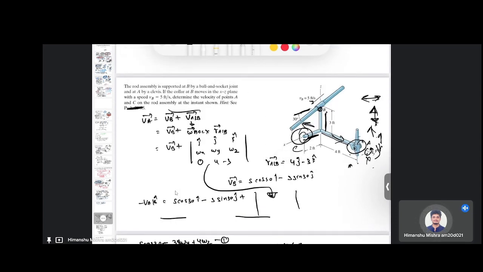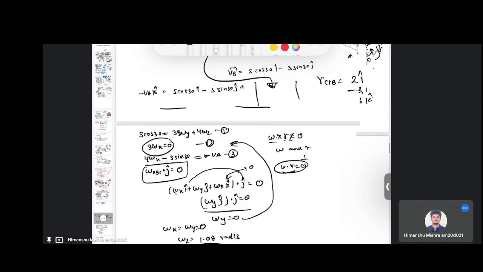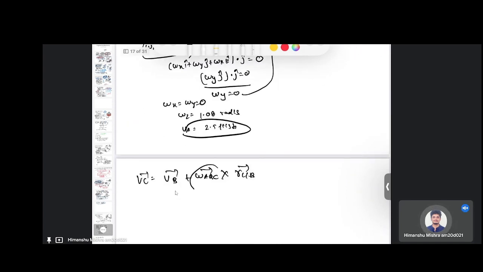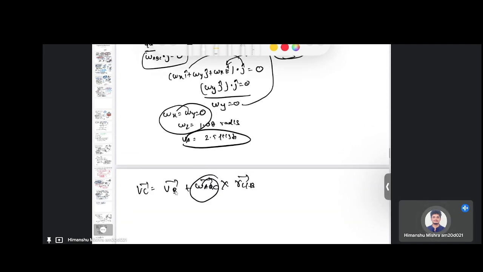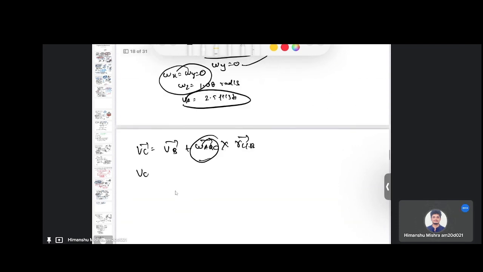This is 2 feet in the x, 3 feet in the z. So RC with respect to B will be 2i minus 3k. And we have already found the components of the other quantity, so now it is just a formula-based question.